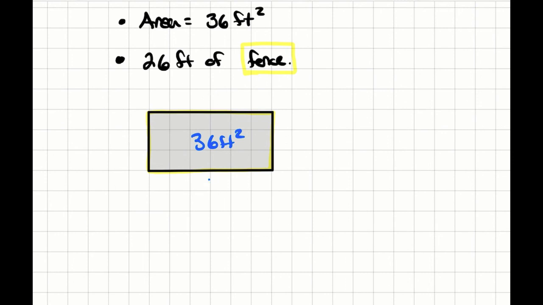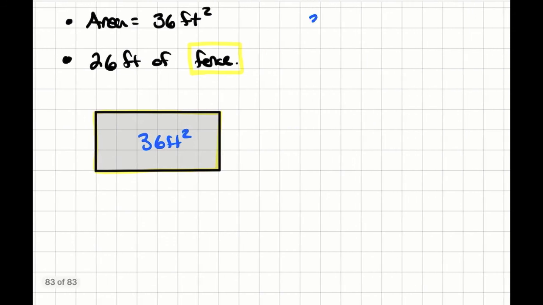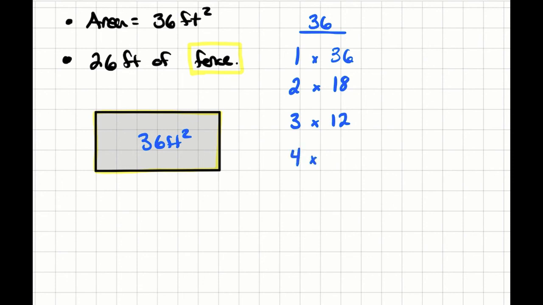One of the easiest ways to do this at this level of mathematics is to look at your factors of 36, to make a list of factors for 36. So let's just do that right now. We have 36. Now, 1 times 36 equals 36. 2 times 18 is 36. 3 times 12 equals 36. 4 times 9 is 36. 5 doesn't go into 36 evenly, and then 6 does. 6 times 6.